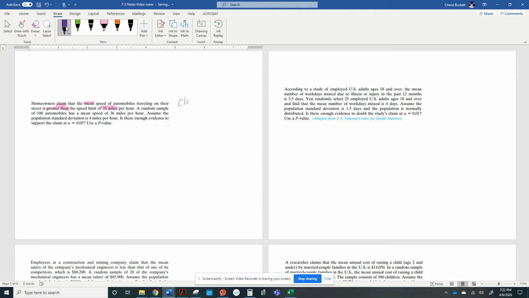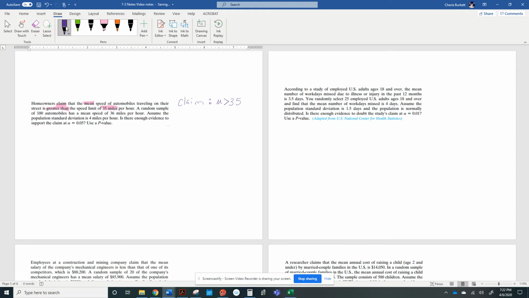Okay, so let's make some notes. Our claim is that the mean is greater than 35 miles per hour. That's our claim. Does this statement right here contain equality? Does it say is 35 and greater? No, it does not. It just says it's greater than.